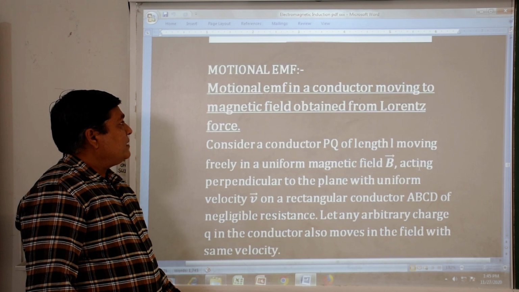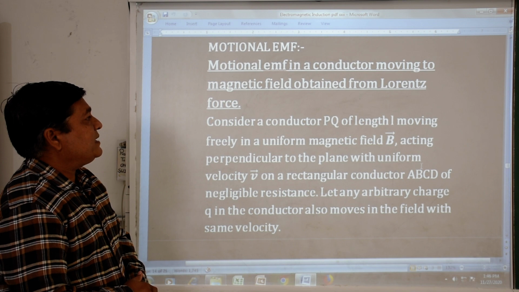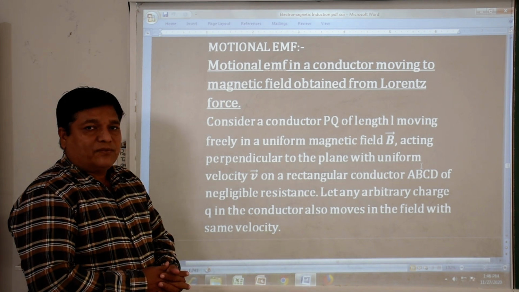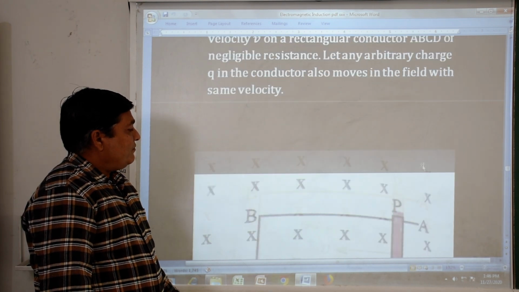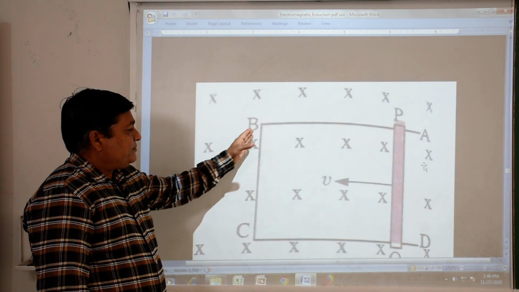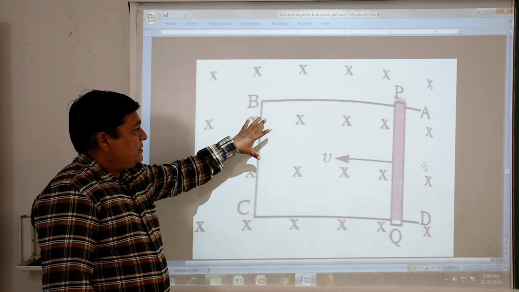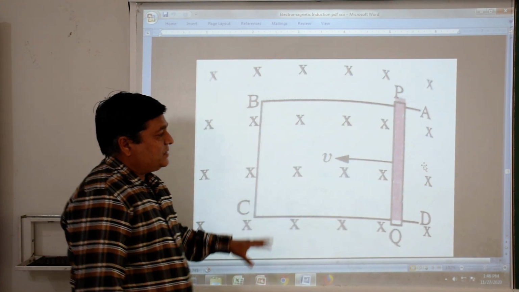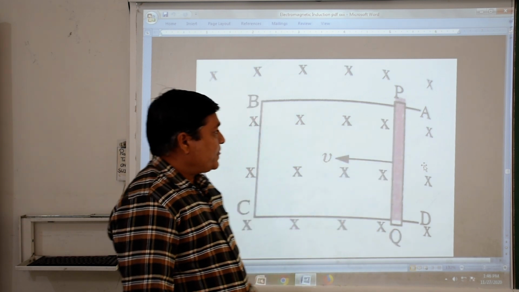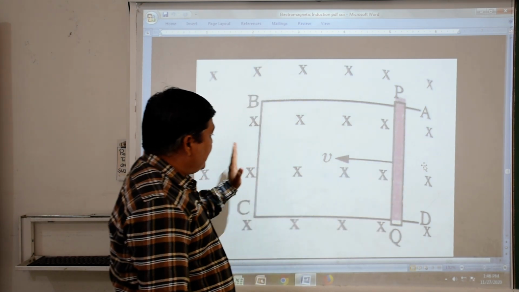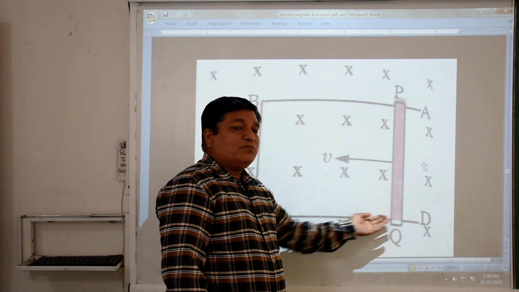Motional EMF. Let us take the concept of motional EMF: the EMF in a conductor moving in a magnetic field, obtained from the Lorentz force. Here we have taken a rectangular frame ABCD in which a conductor PQ is placed, whose length is PQ, and this PQ is movable.